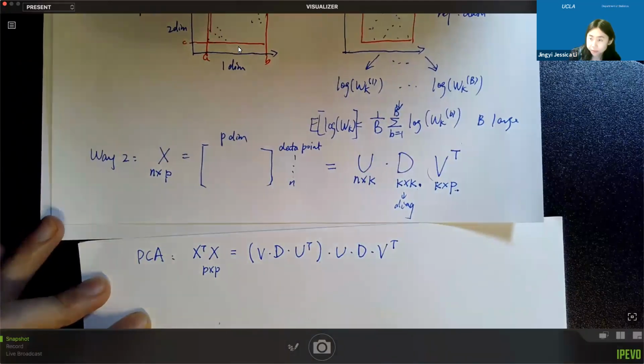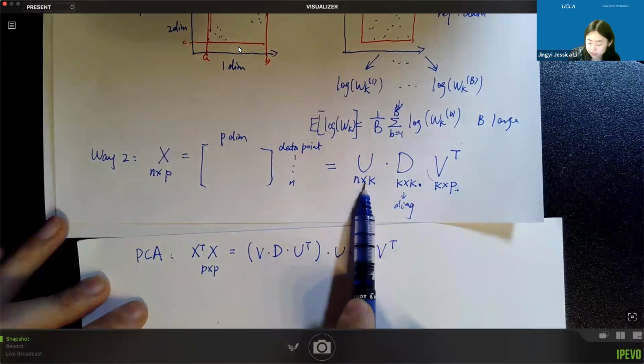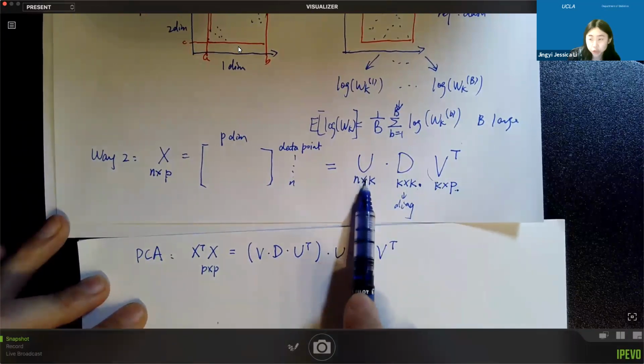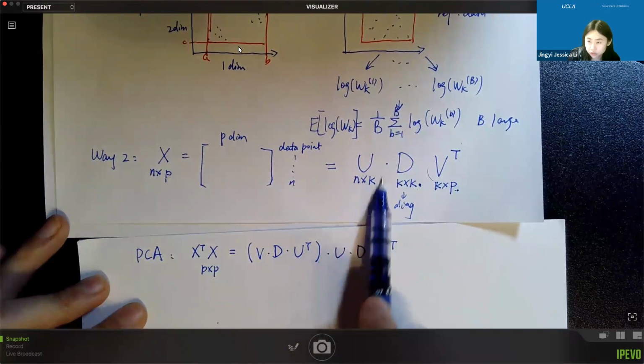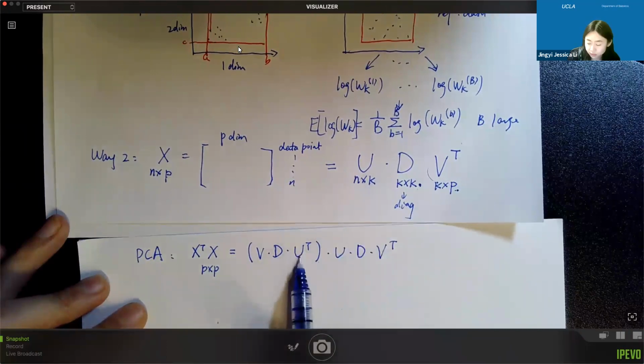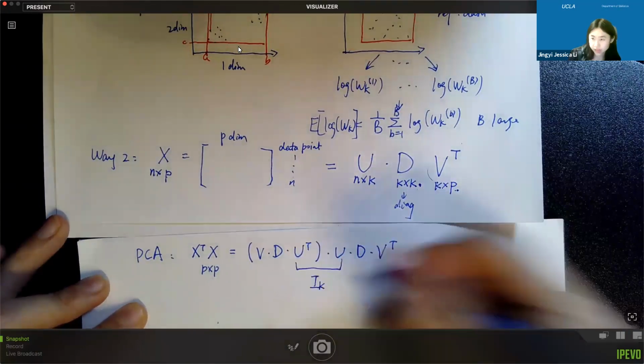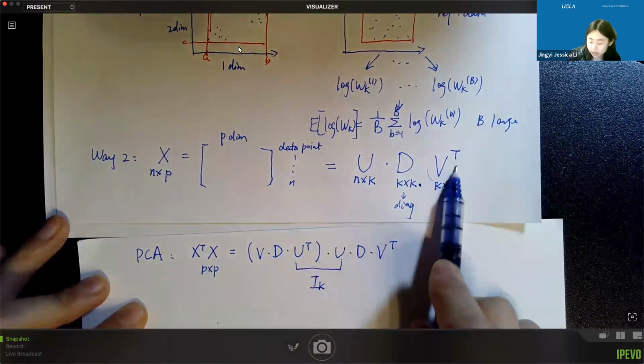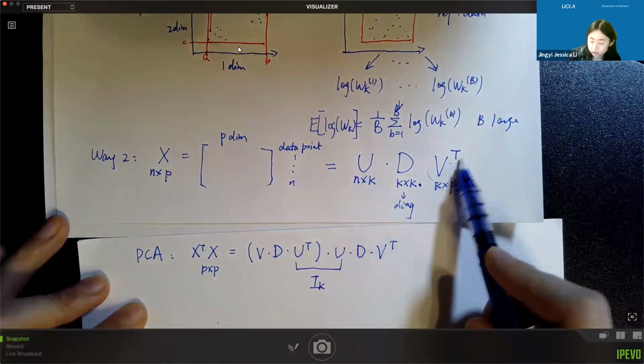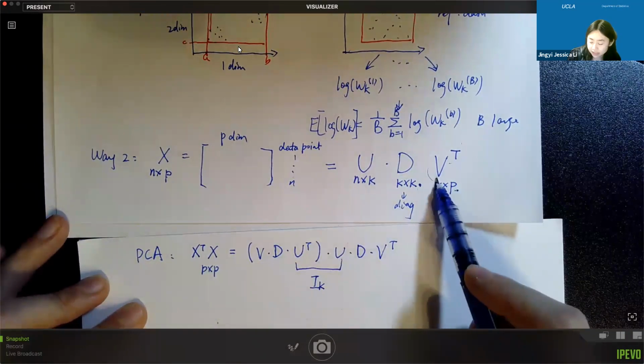One property of singular value decomposition is that in the U matrix, all the K columns are orthogonal to each other. So if you take U transpose U, you will get an identity matrix with K dimensions.